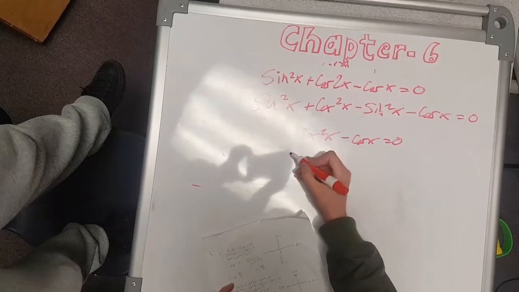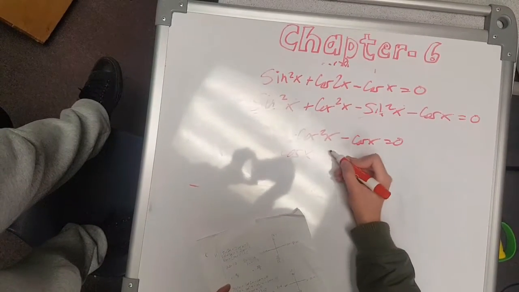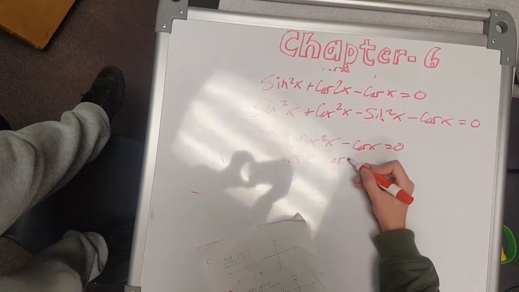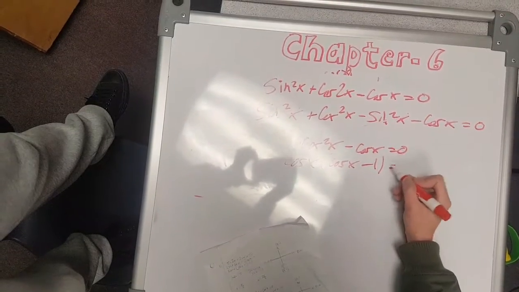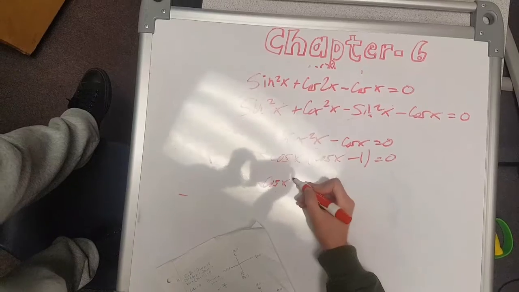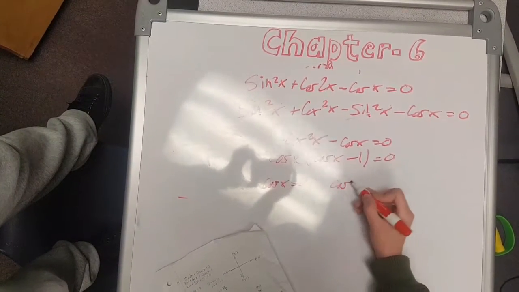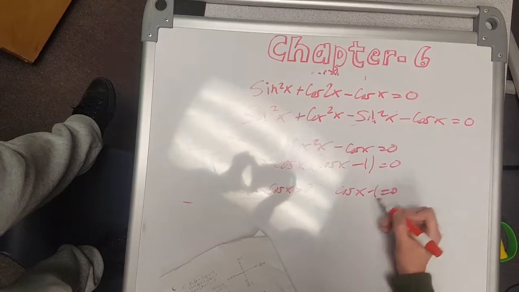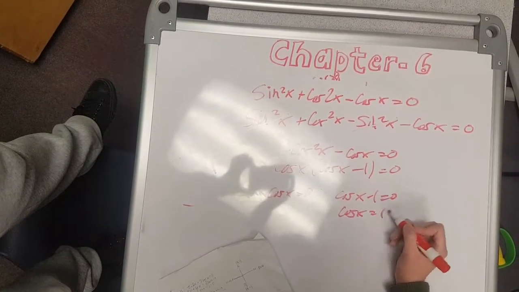Both the terms have cosine, so we could pull cosine x out, and we have cosine x times cosine x minus 1 equals 0. This term, cosine x is equal to 0, and cosine x minus 1 is equal to 0, so cosine x is equal to 1.